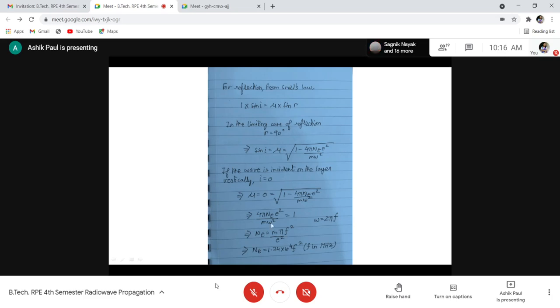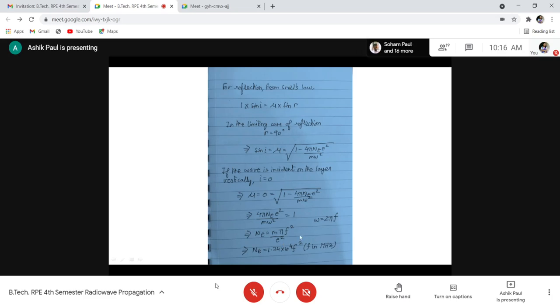Simply just put omega equals to 2 pi f, so omega square will be 4 pi square f square. So this 4 will cancel out, 1 pi will cancel out, and you will have this relation that Ne is equal to m pi into f square by e square.